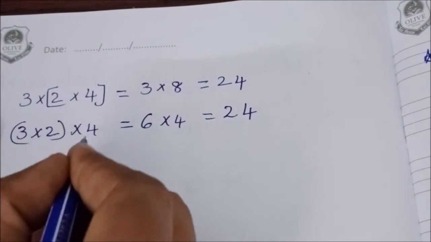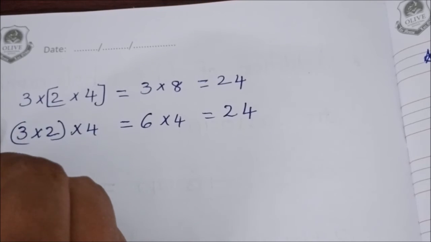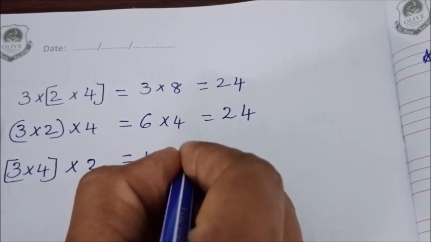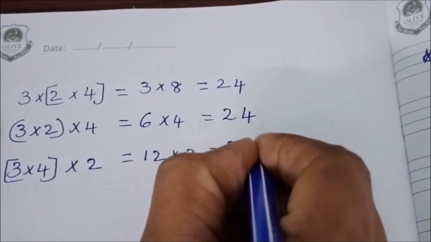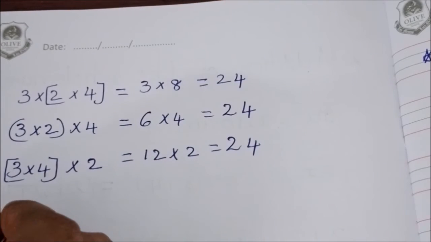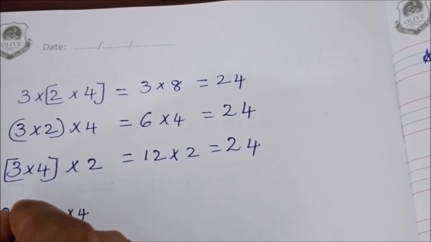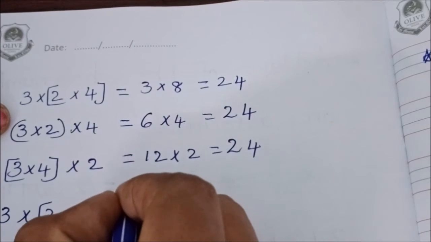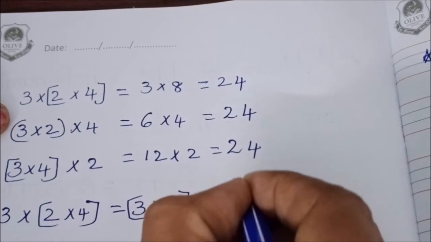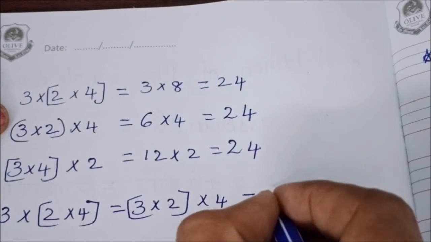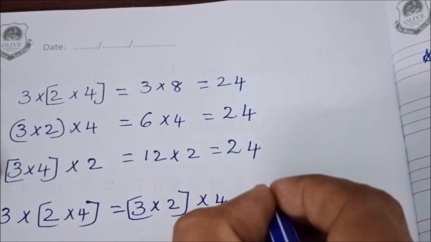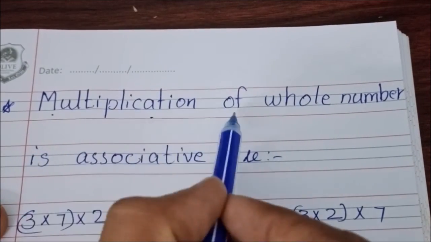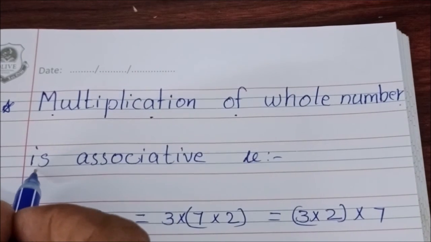How about changing the grouping again? 3 times 4 times 2 is equal to 12 times 2 is equal to 24, which means 3 times 2 times 4 is equal to 3 times 2 times 4 is equal to 3 times 4 times 2, which means multiplication of all numbers is associative.